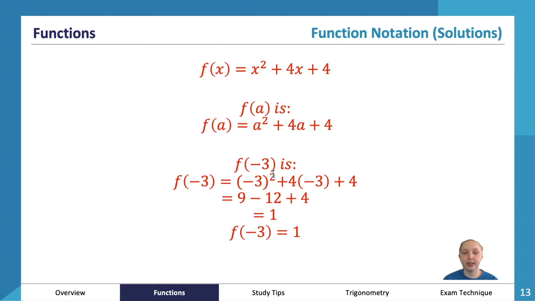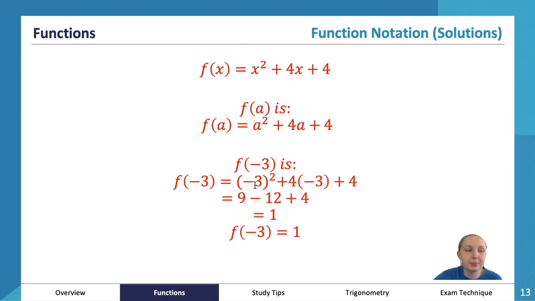If you don't put brackets around that and you chuck it in your calculator, it would spit out minus 9. But that's not the case here because we need to substitute this whole entity, this whole minus 3, where the x is, and in this case, the whole x is being squared, so the whole minus 3 has to be squared. Right, so you put it in the brackets, square it, and your calculator will spit out 9 for you.